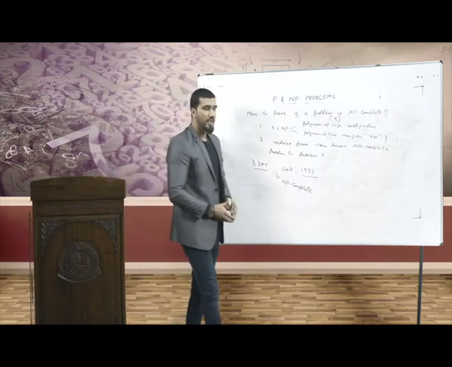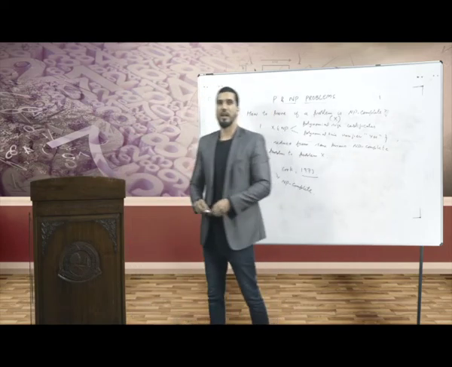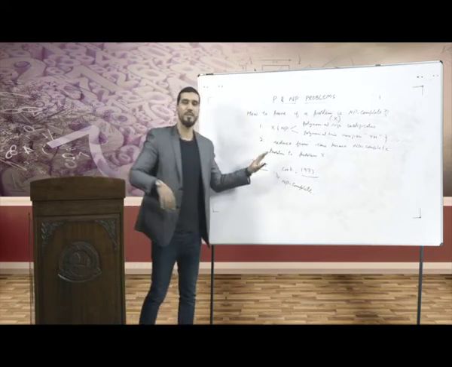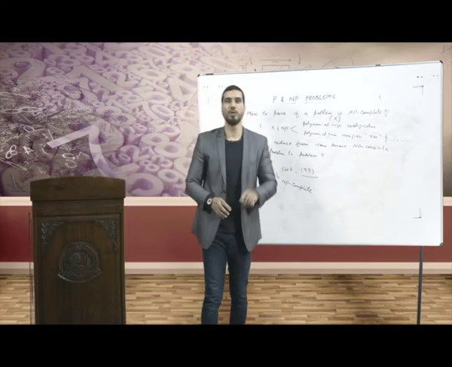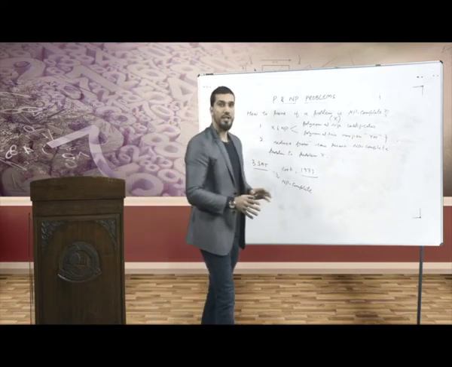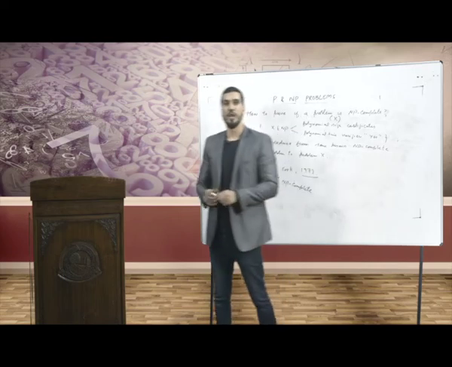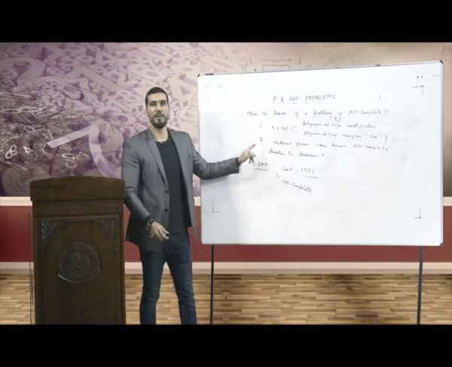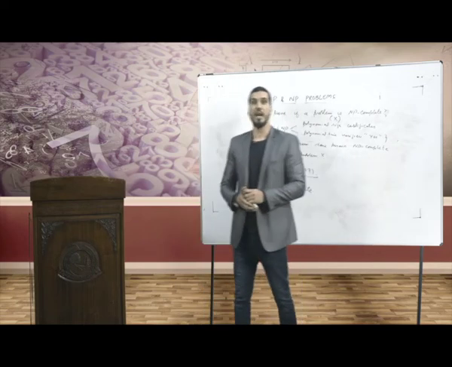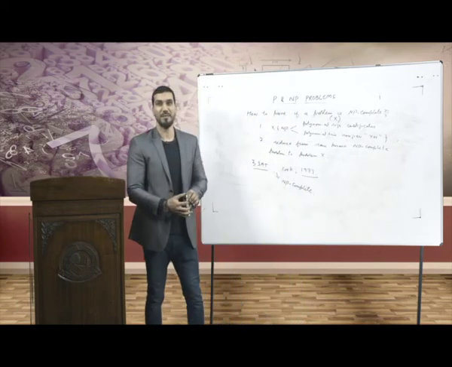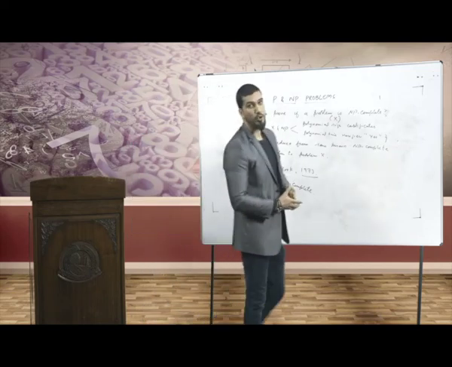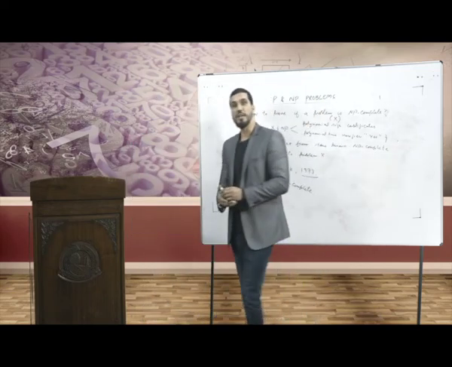So that was it from today's lecture. Our concern in this lecture was to distinguish between the class of problems that could be solved in polynomial time and the class of problems for which there are no polynomial time algorithms. We saw that in the P and NP classes of problems. NP is the class of decision problems that can be solved in polynomial time on a non-deterministic machine and whose solutions can be verified in polynomial time.